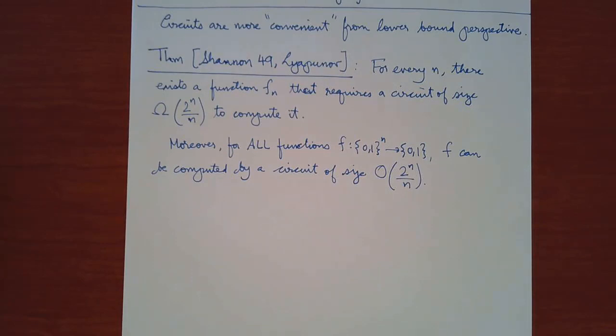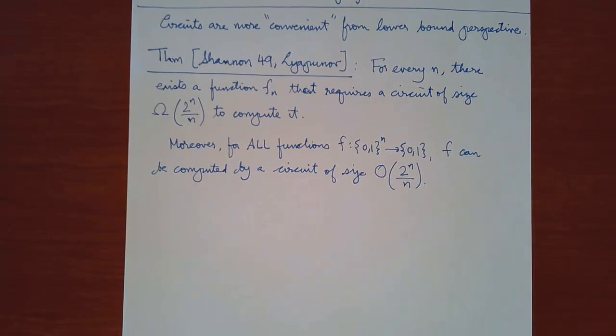Question. You said about the size bound, 2 to the n over n. Is it done through reusing the gates? Yeah, you have to reuse the gates. So this is not a formula.